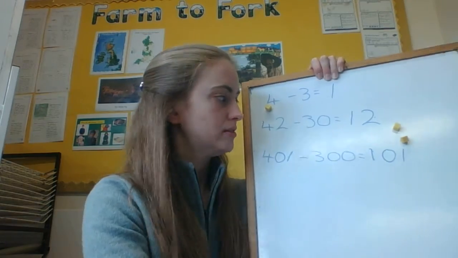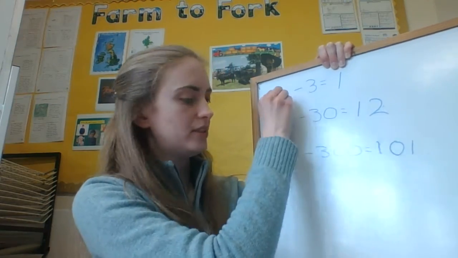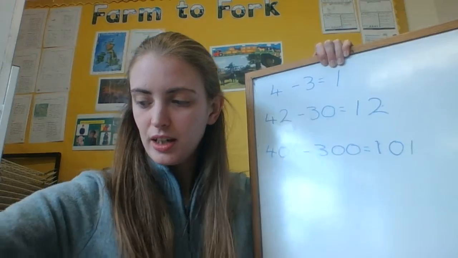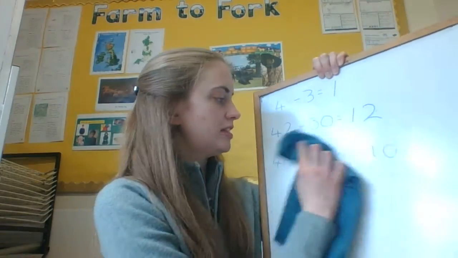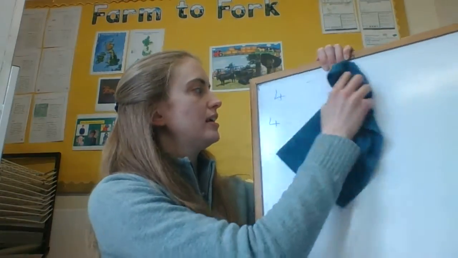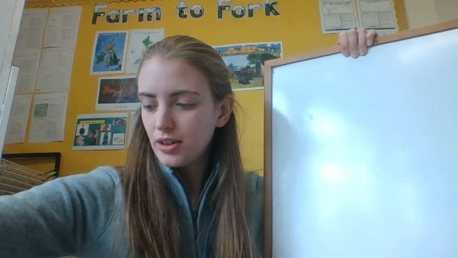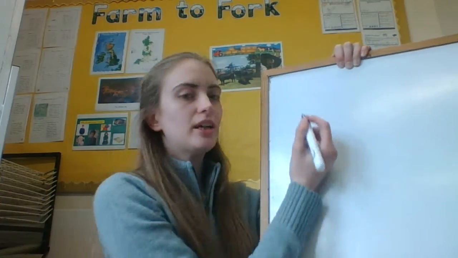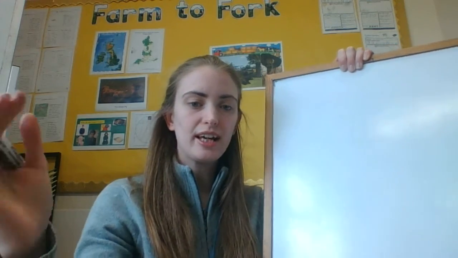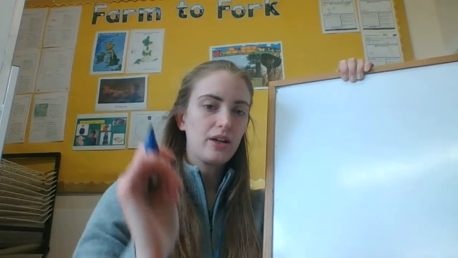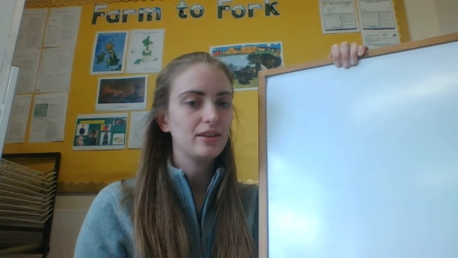So just take all of these down and we'll look at something else for a little bit. If I want to have a look at this one. So now we're going to go over 10 and look at working backwards past 10.